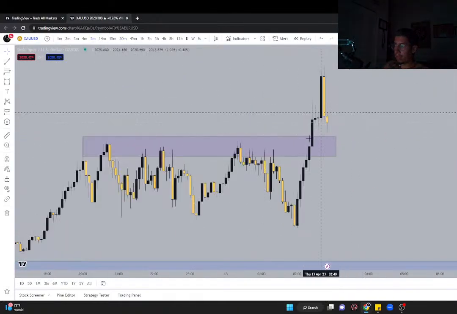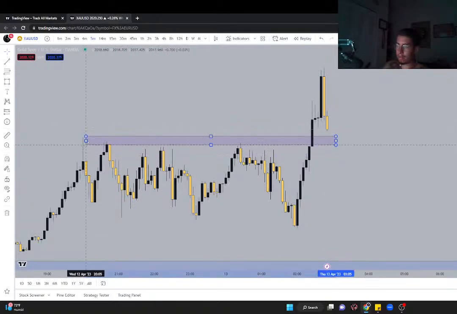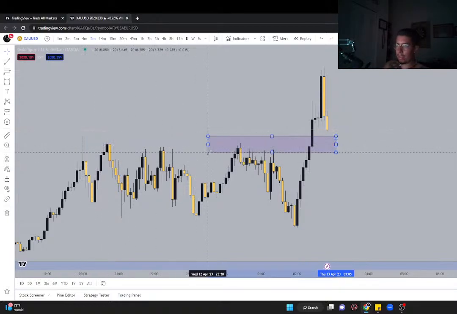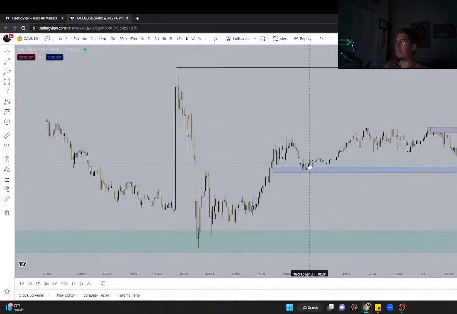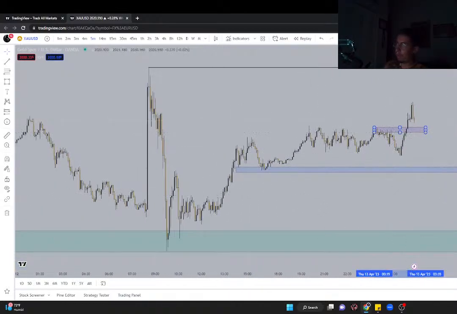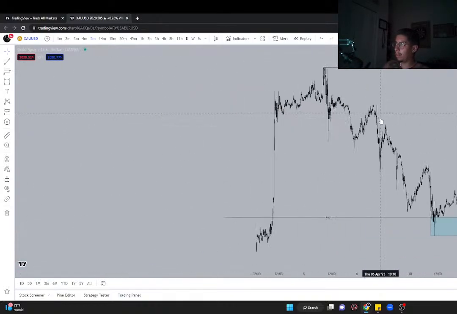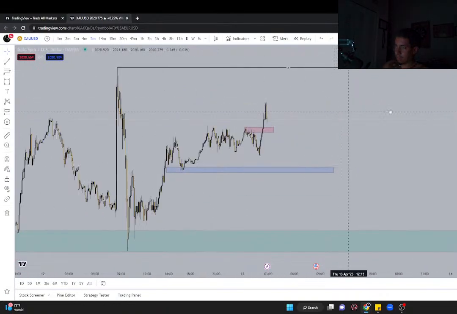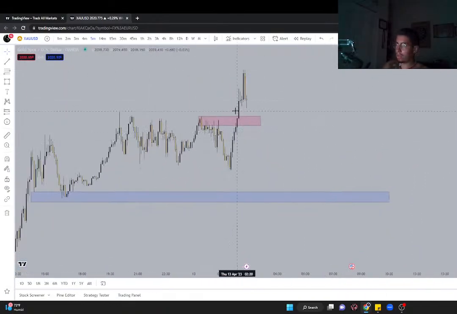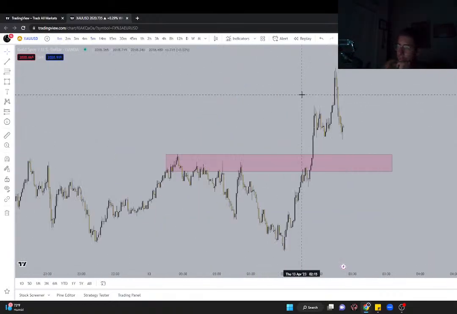Let's see if from here either we had a sweep or price wants to make an actual new form of supply. And from there we can see what price is actually hinting towards us for price to do. If we actually develop a new form of demand here, this could be something to keep our eyes on for price trying to go higher, right? We just need a little bit of a one or two wicks over here to happen. Price giving us a little bit of a shift on the M1.